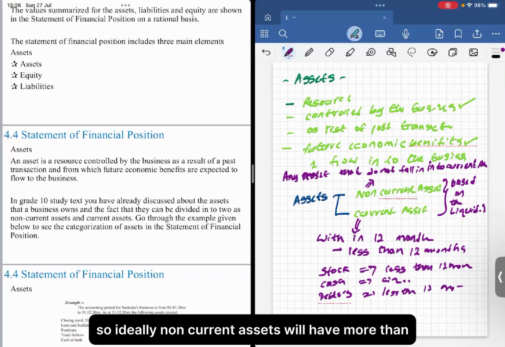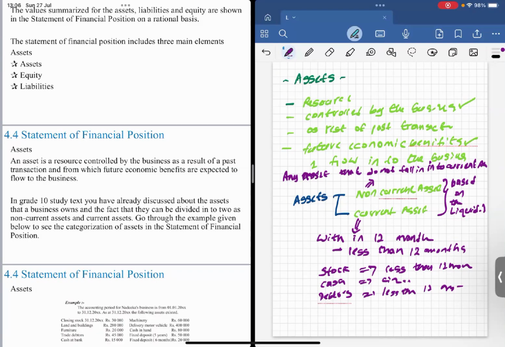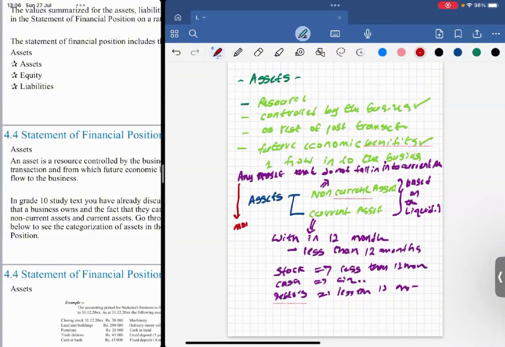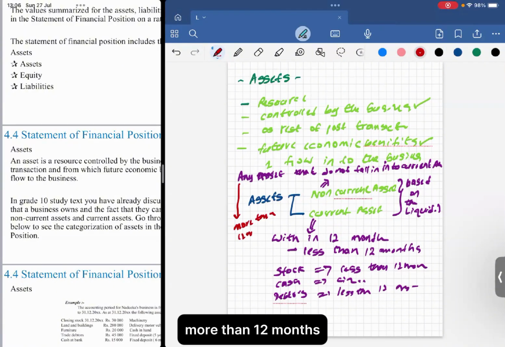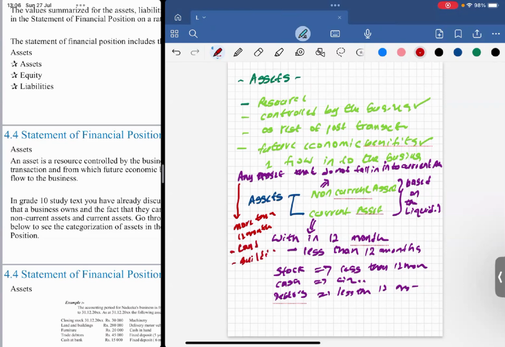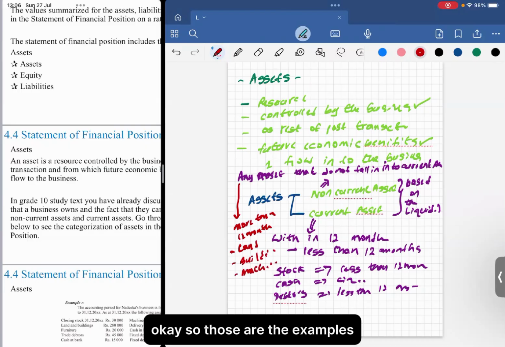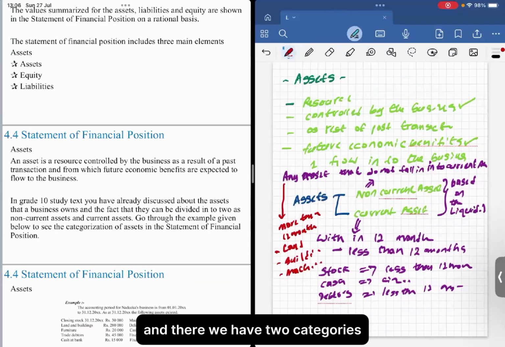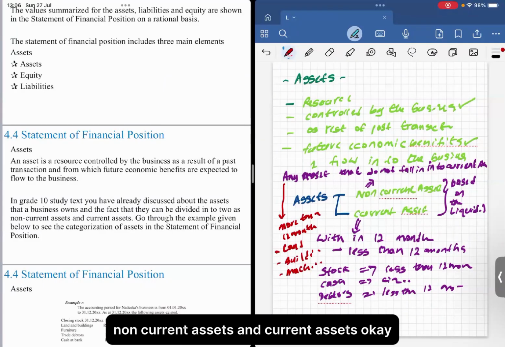So ideally, non-current assets will have more than 12 months of life. For example, land, building, machinery. Those are the examples. So we have assets as the first item, and there we have two categories, non-current assets and current assets.